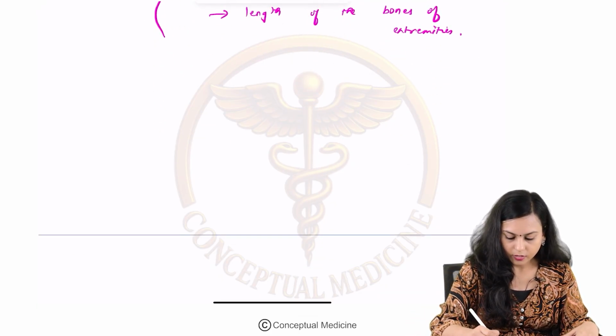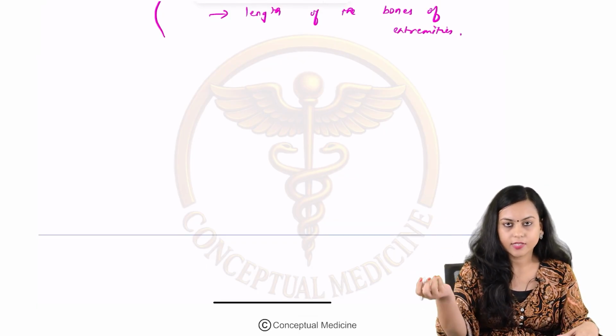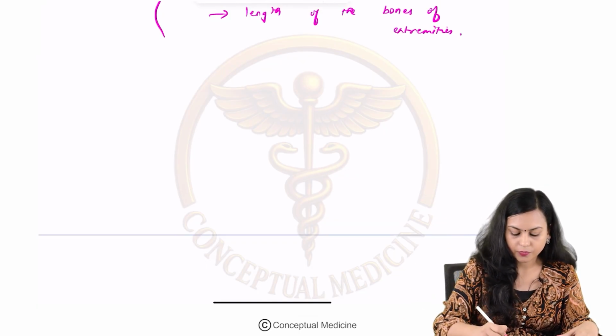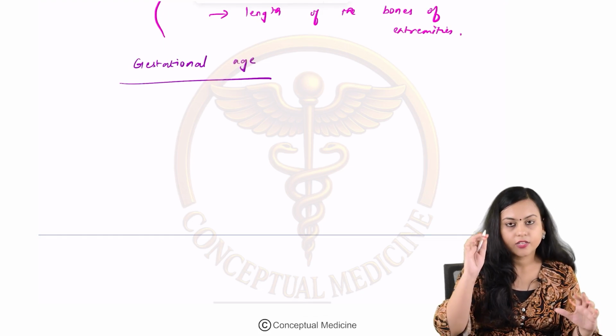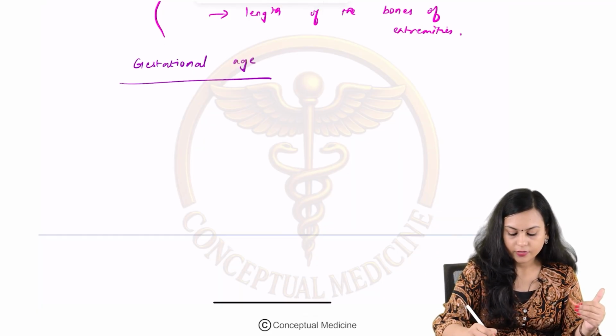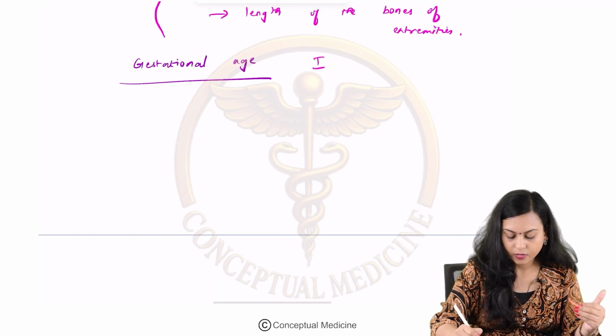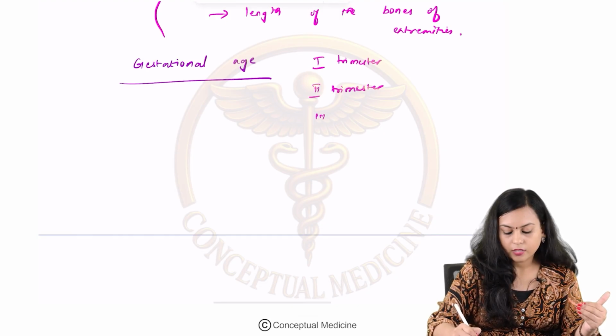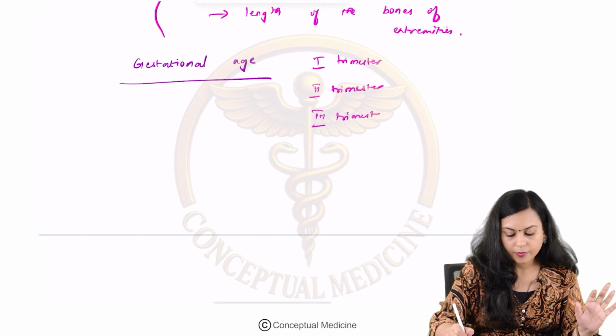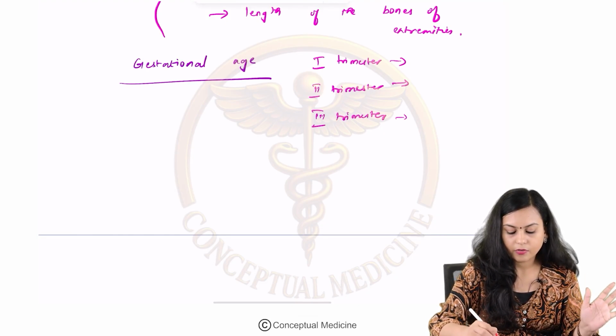Okay. And we will see how gestational age assessment can be made from the ultrasound. See, gestational age assessment can be done in the first trimester, or in the second trimester, or in the third trimester, in all the 3 trimesters.